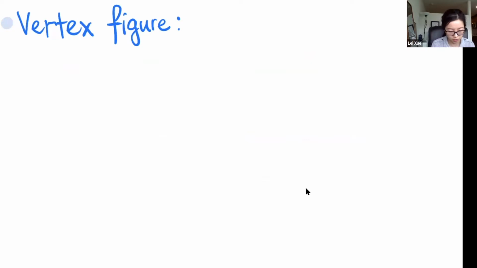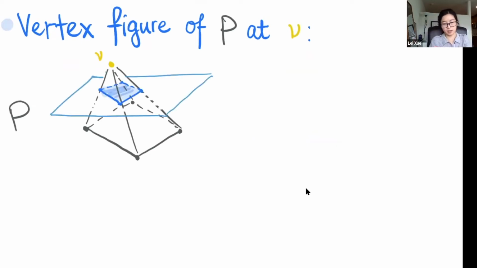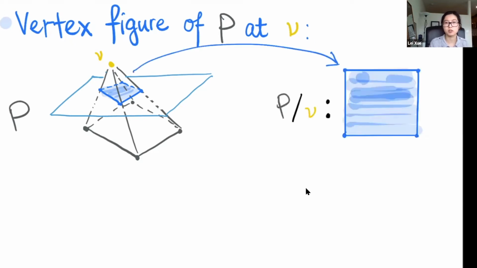So given a polytope and a vertex of it, look at this yellow vertex V. A vertex figure at V is what you get by sliding in a hyperplane like this that separates the chosen vertex V from the rest of the other vertices, and you simply look at the intersection. The intersection is denoted as P/V. It's going to be a d-1 dimensional polytope.